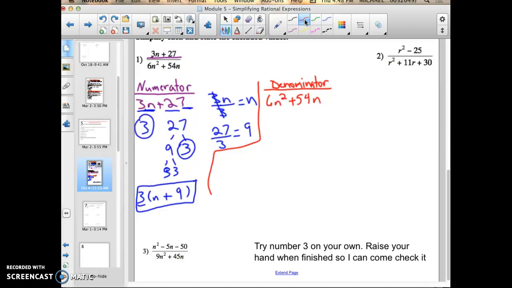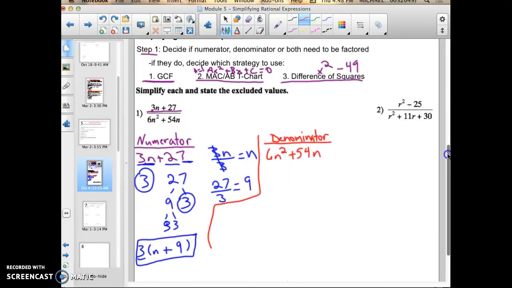If I analyze that expression, I have to go back up here to my 3 different choices: GCF, MATLAB T-chart, difference of squares. In this case, the T-chart wouldn't work because I don't have all 3 terms. Difference of squares wouldn't work because in order for it to work, you can't have a b term. In this case, I do have a b term, the 54n. So the only thing I can do is GCF.